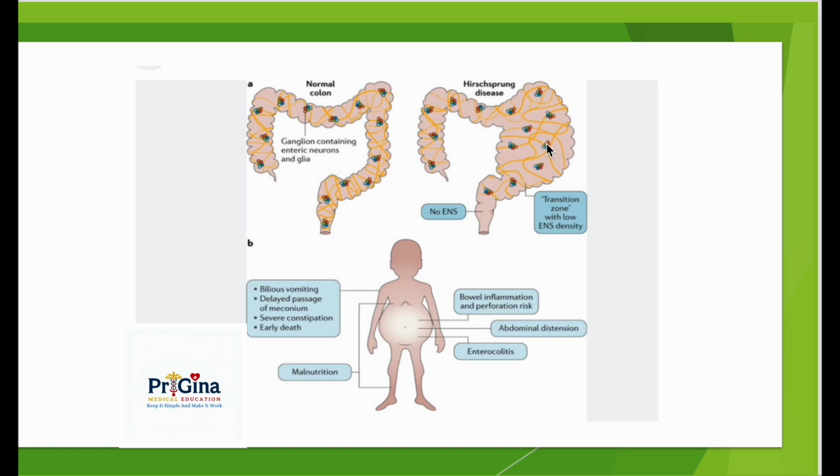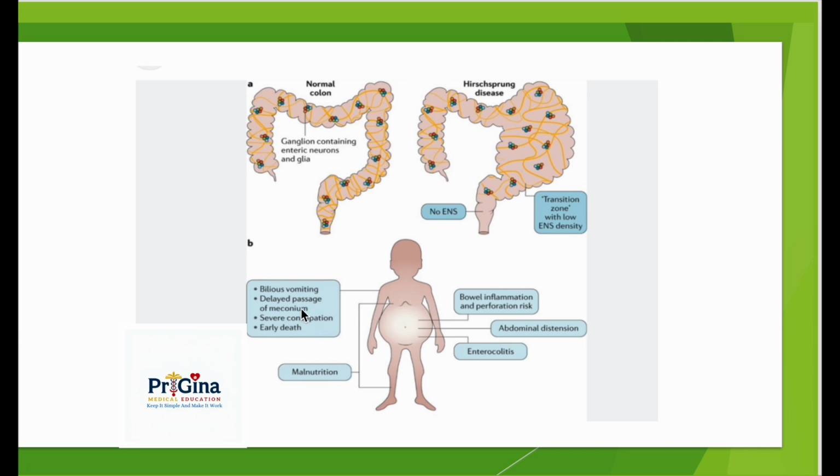As we can see here, this is called the transition zone, where there's a low density of the enteric neurons. Because peristalsis is impaired along this portion of the colon, there is stool accumulation in this portion. That's why this part looks very distended.